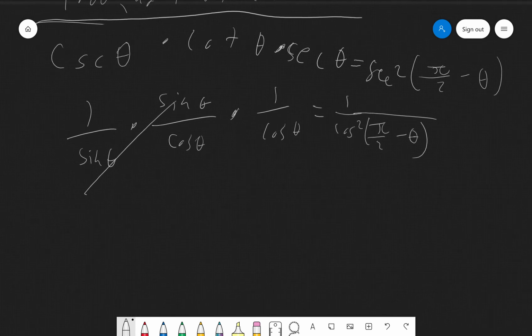This is just, we notice that this side is just cosecant squared of theta, and this side becomes cosecant squared of theta, and this side is 1 over sine squared of theta, which is also cosecant squared of theta. And guess what? They're equal. Yay. Wait, what am I doing?